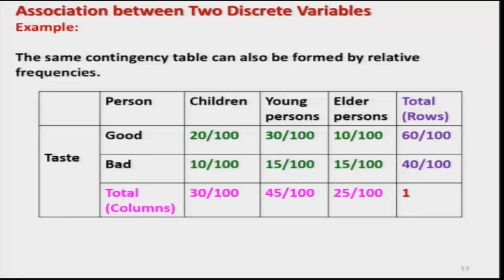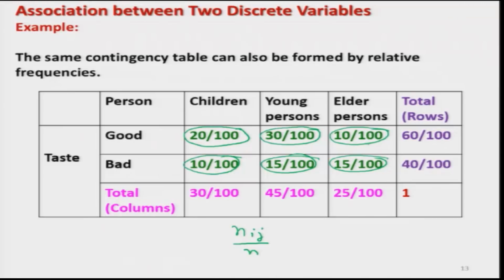And now the similar information can also be obtained in terms of relative frequencies. What we have to do is simply divide each and every frequency Nij by the total frequency n. You can see here that the total frequency is 100. So the first cell has relative frequency 20 by 100, and similarly other cells have 30 by 100, 10 by 100, 10 by 100, 15 by 100 and 15 by 100.